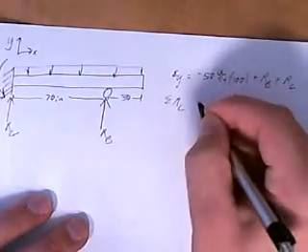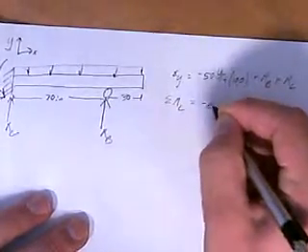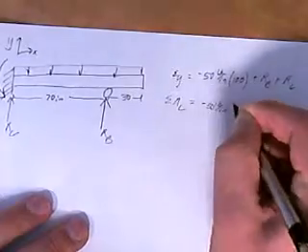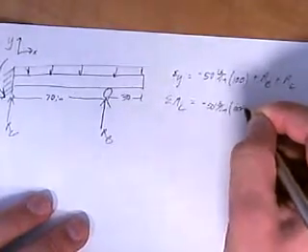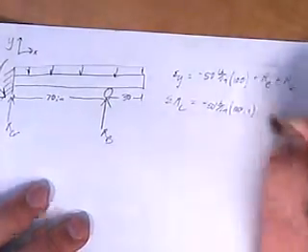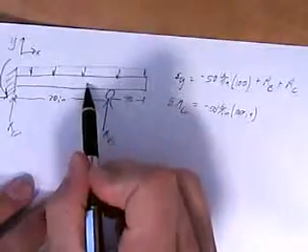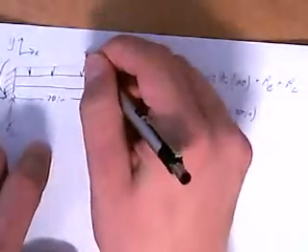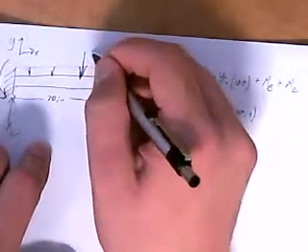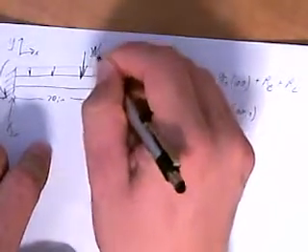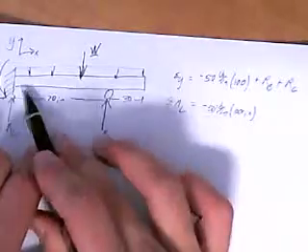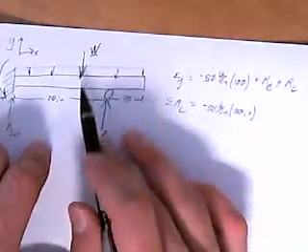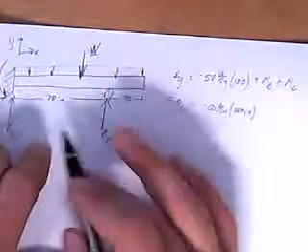Sum of the moments about there equals negative 50 lb per inch times 100 inches. Now this is a tricky little part about distributed loads. When you're doing the moments, you can combine this load into a single large load, we're going to call this big W, underlined, which is the entire load focused at the halfway point of the distributed load. That's how you can calculate the moment.